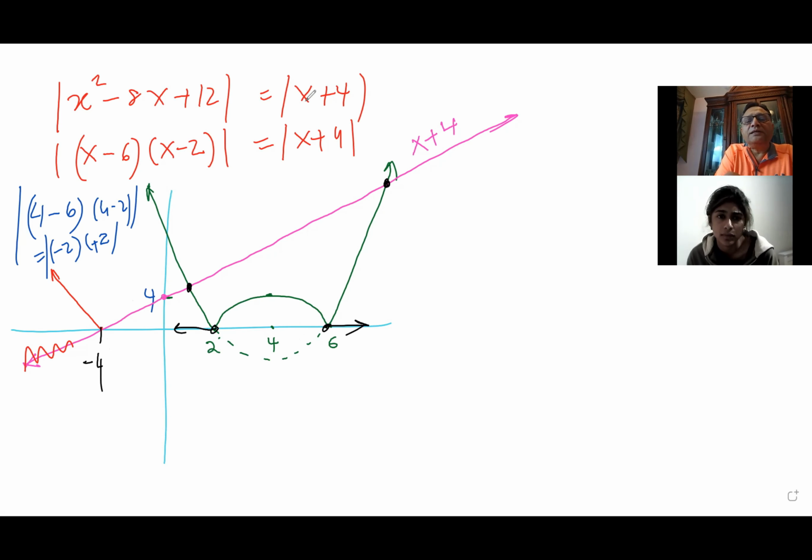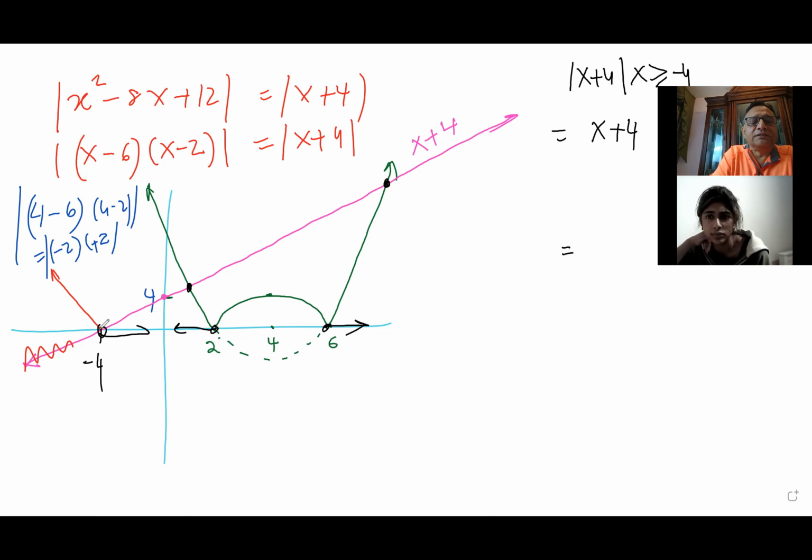So as far as x plus 4 is concerned, let me write here. As far as x plus 4 is concerned, the absolute value will be equal to x plus 4, right? Because we're looking for the absolute value of x plus 4 when x is greater than or equal to minus 4. On the right side of this, correct?